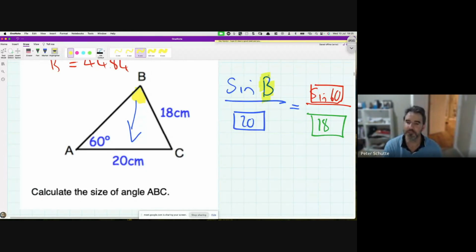So think about what has to be moved around. Think about what has to be done on your calculator in order to get what the sine of this angle is.